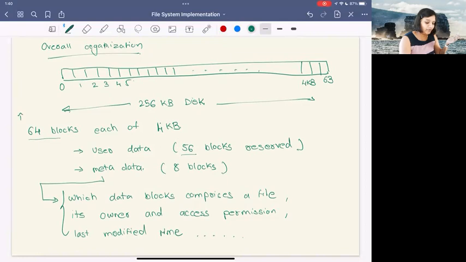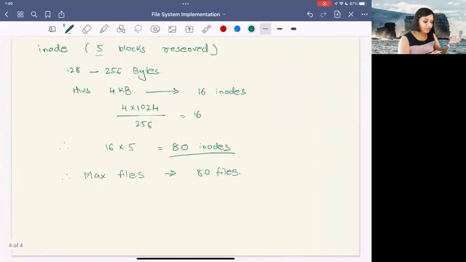More blocks, put into this ratio of user data to metadata, means more blocks towards user data as well as towards metadata. And if we have more blocks towards metadata, we can dedicate more blocks towards inodes, and more blocks towards inodes means more files that we could store on that larger disk. Now, what is another important metadata structure that we would want to store?